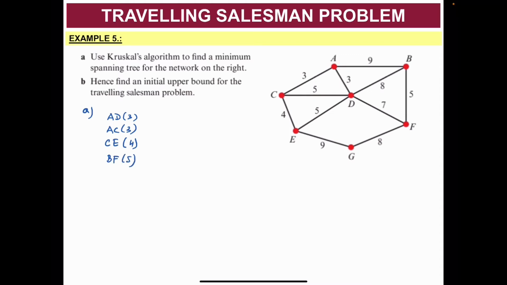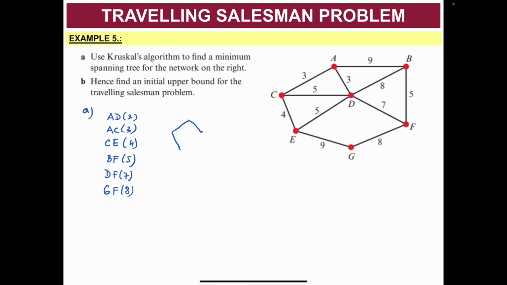Then next one is 6, I don't have, I have 7, DF 7. And then the last one I still didn't connect is G, so GF is 8. So when you look at the tree, if you sketch the tree, it would look something like this.